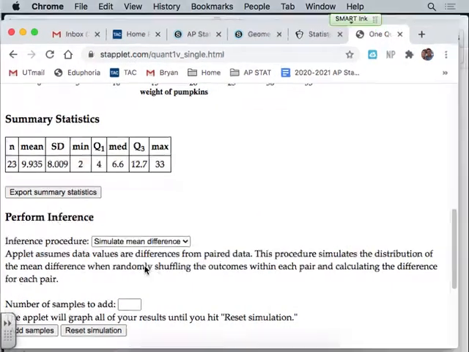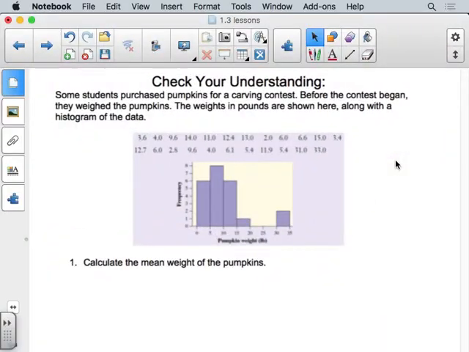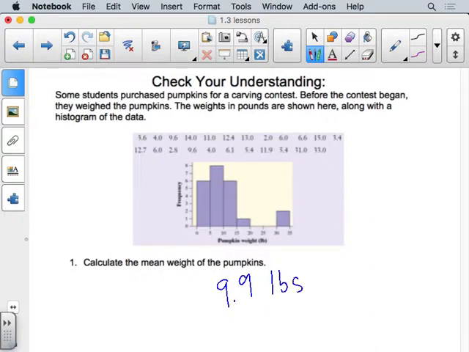Let's see. So hopefully for your mean, just using a calculator for the most part, it's just a matter of plugging them in correctly or into Statlet. But you should have gotten something like 9.935 pounds, about 9.9 pounds.